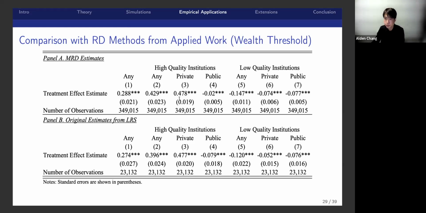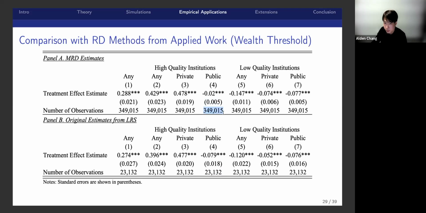Now, if we look at the results from the other threshold, again the point estimates are qualitatively similar. But actually, the difference in standard errors is much greater now. In some cases, we see that the MRD estimator standard errors are less than 1/3 of the standard error from the original paper. For example, here the MRD standard error is 0.005, and the original standard error is 0.018. And why is this the case? The number of observations really tells us a lot.